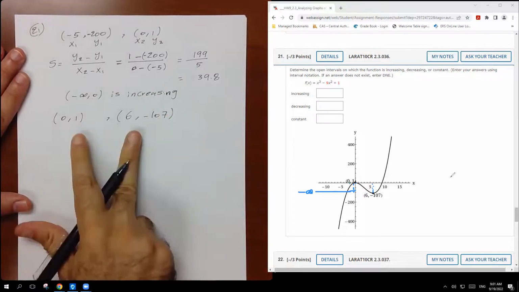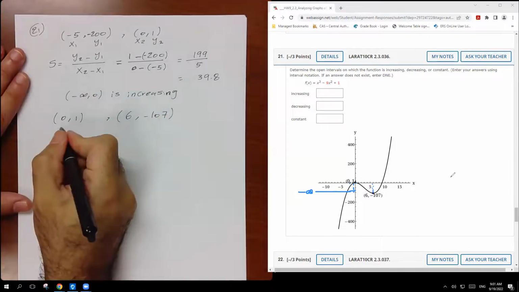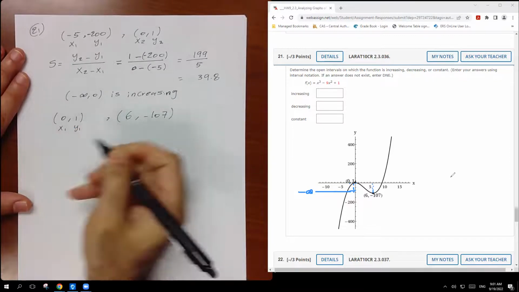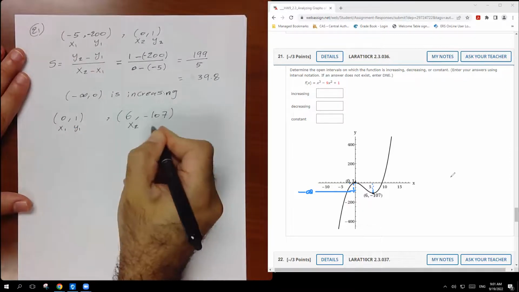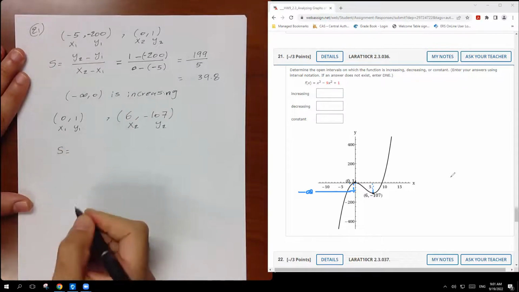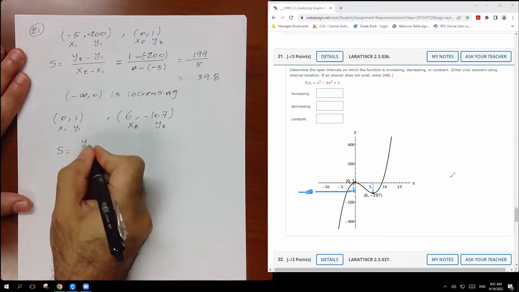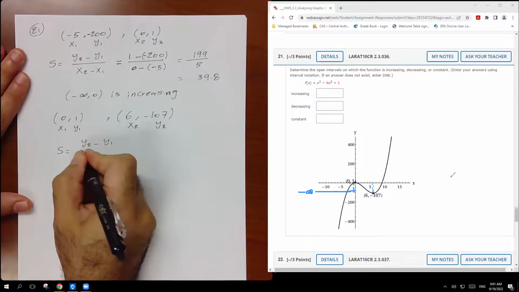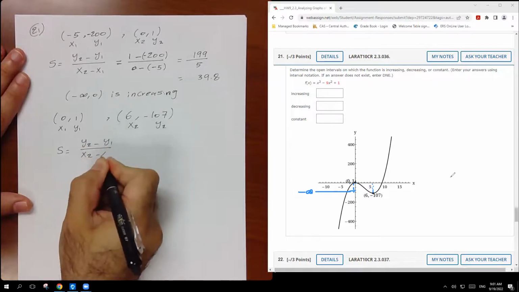Let's find the slope for these 2 points. Now this is x1, y1, and this is x2, y2. So the slope is y2 minus y1 over x2 minus x1.